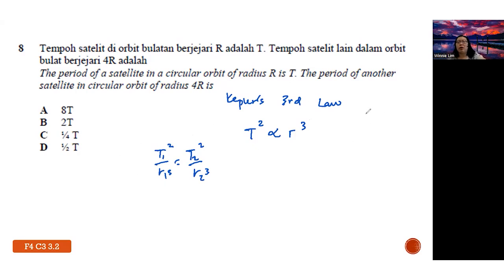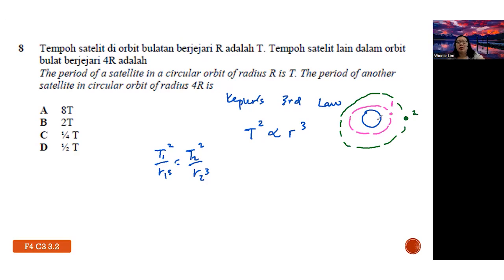Okay, so the concept for Kepler's law, basically, if you have Earth, and you have a different planet orbiting, this is planet 1. Then you can also have another planet orbiting, planet 2. So the ratio of T1 squared over R1 cubed is the same as T2 squared over R2 cubed.